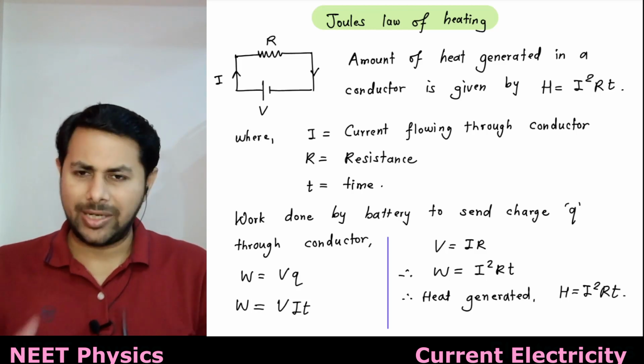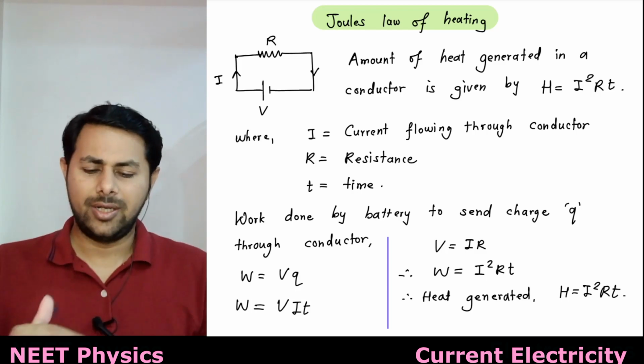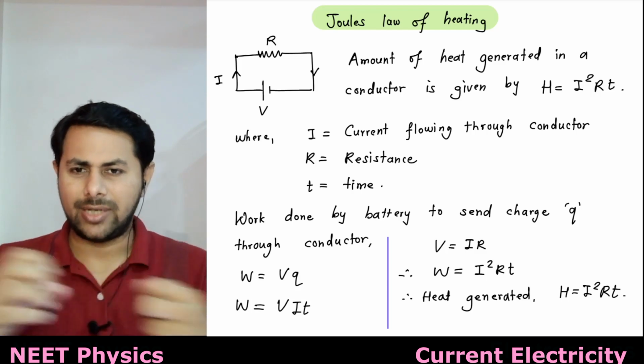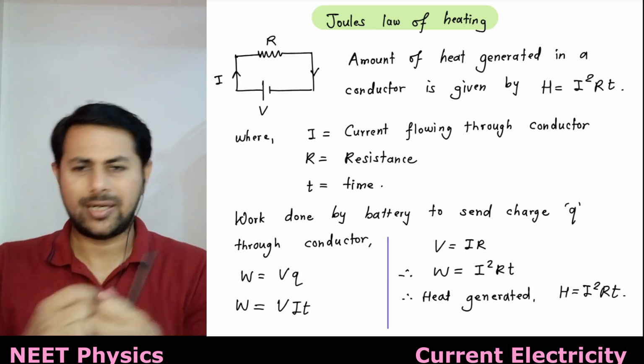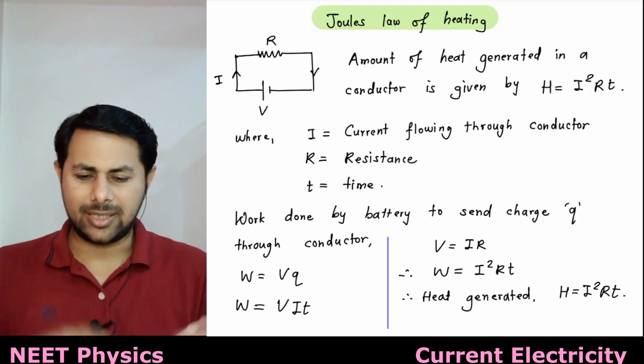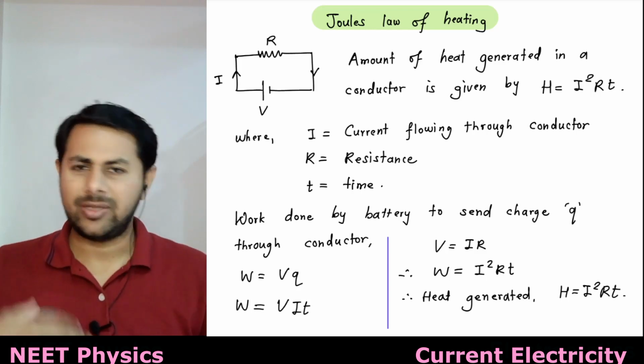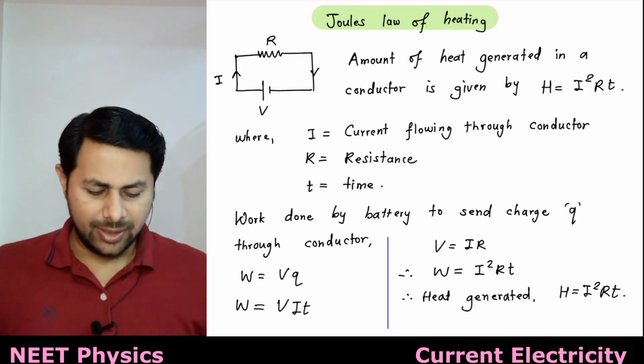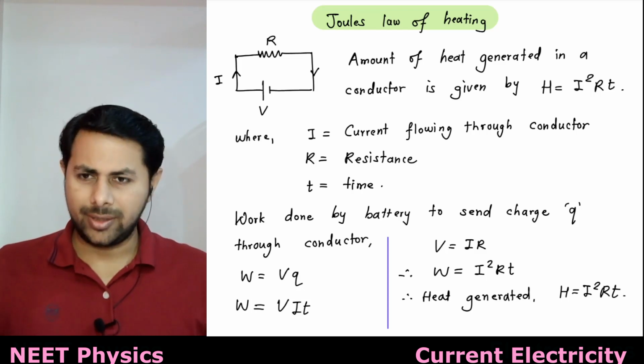So why is it so? It's because when current flows in the circuit, electrons move, and they constantly collide with atoms, so they transfer their kinetic energy to the atoms, and that's why the atoms will vibrate with higher velocities, right? The energy of atoms will increase, and that's why the wire will become hot.